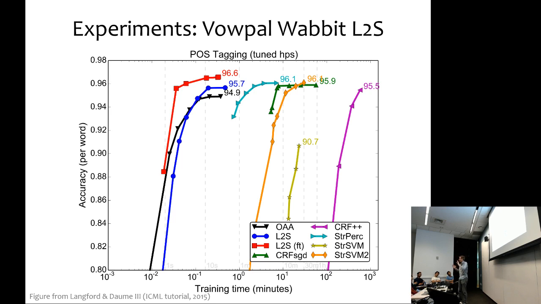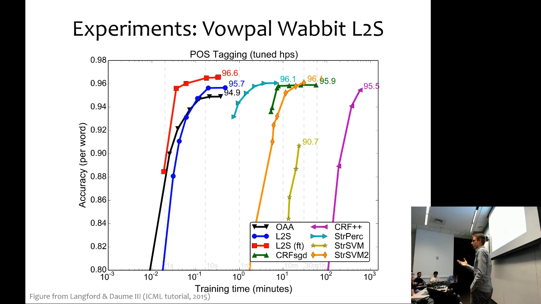But the point that they were making with this slide was that it was dramatically faster than these off-the-shelf tools for things like conditional random fields, structured perceptrons, structured SVM. All of these are topics that we'll get to later in the course. Even though I think in practice these methods can outperform this particular learning to search model on this task, they cannot match its speed.